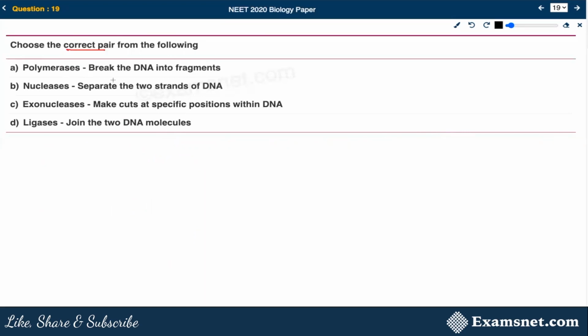The first statement says that polymerases break the DNA into fragments. Polymerases don't break the DNA into fragments, rather they polymerize the DNA. Polymerases are involved in DNA polymerization. So this is an incorrect statement.